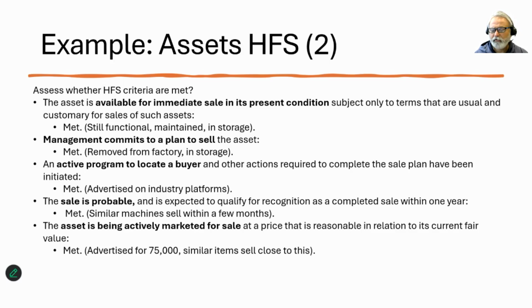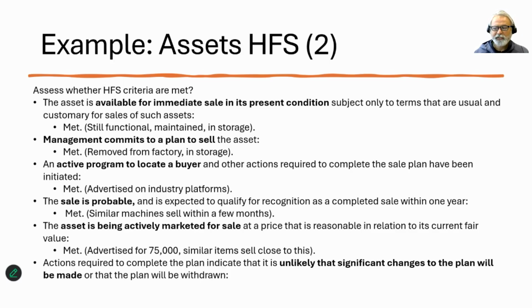The other similar assets have sold pretty close to this amount. And then lastly, the actions required to complete the plan indicate that it's unlikely that significant changes to the plan will be made or that plan will be withdrawn. We don't have any indications to the contrary, so we'd say, yep, that's met as well.